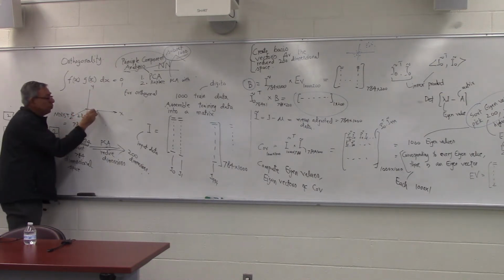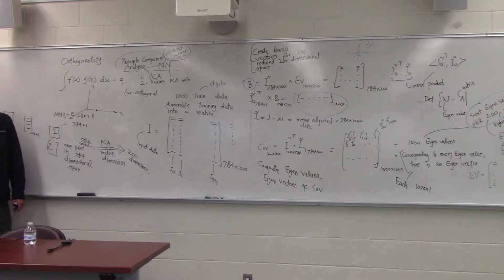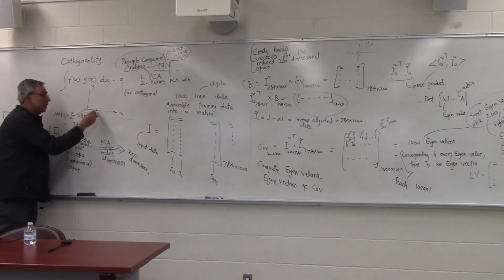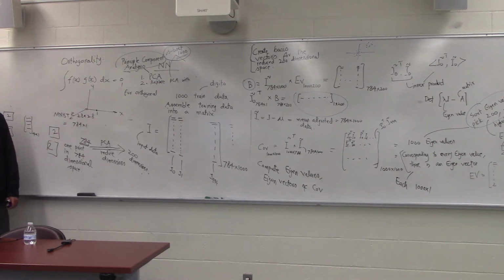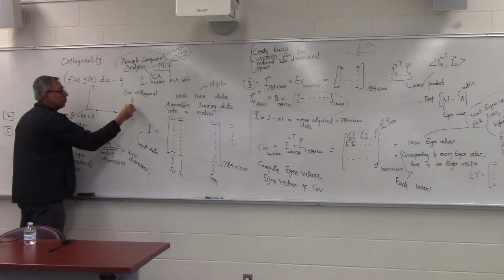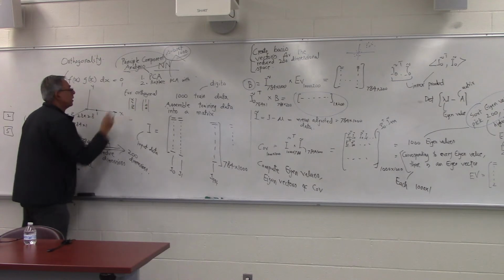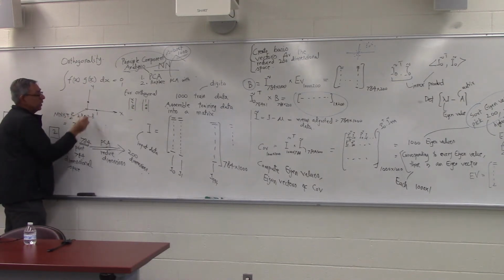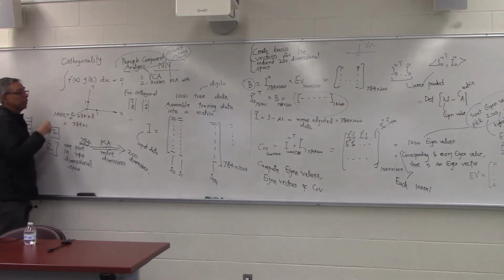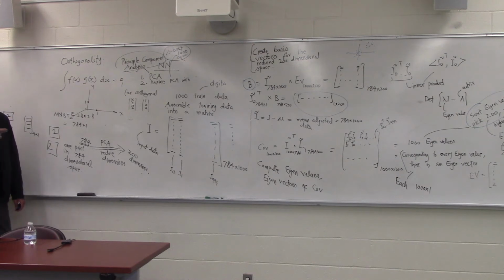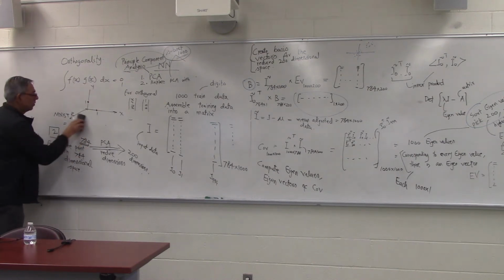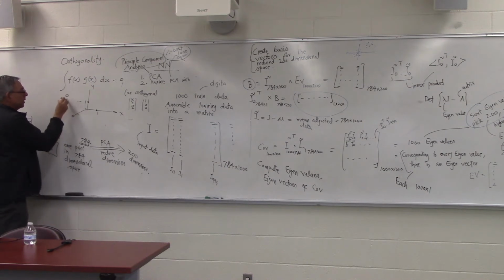If I have a point at 1 on the x-axis, how will I represent it as a vector? 1, 0, 0. X, y, z, right? Now let's say I have another point on the y-axis at 1. How will I represent it? 0, 1, 0.